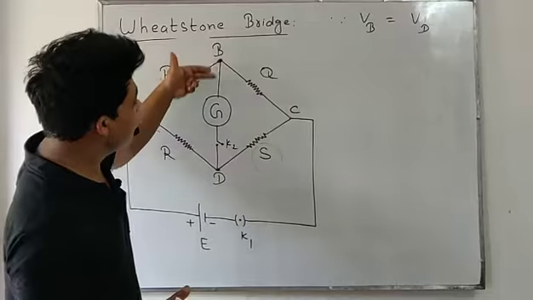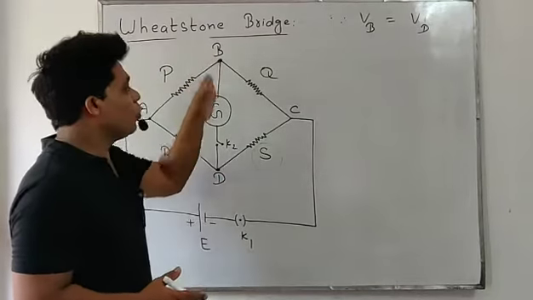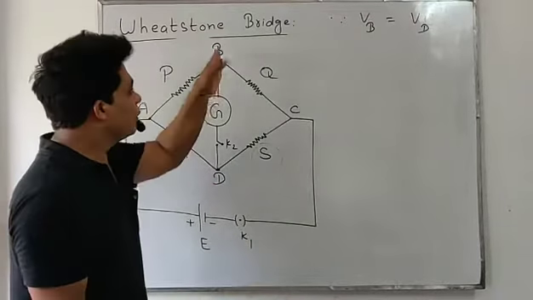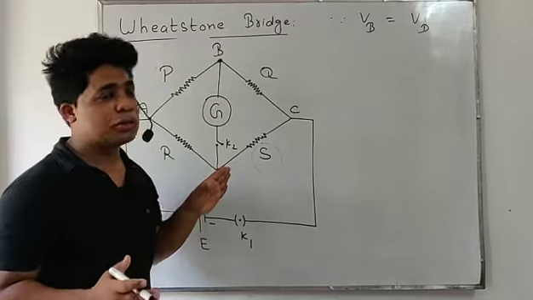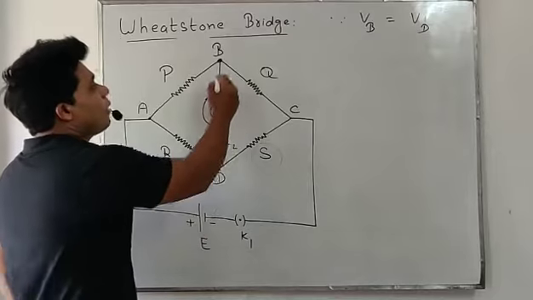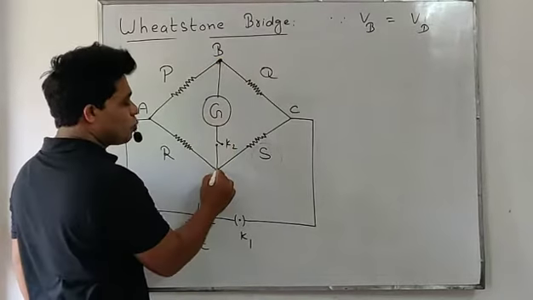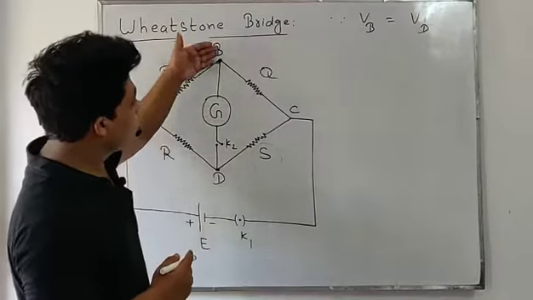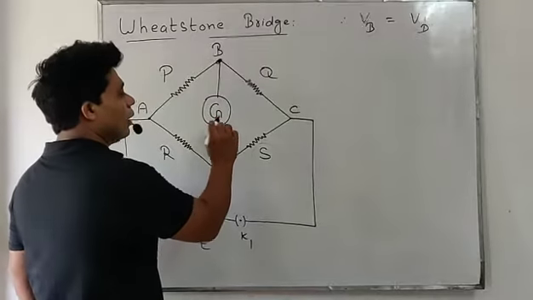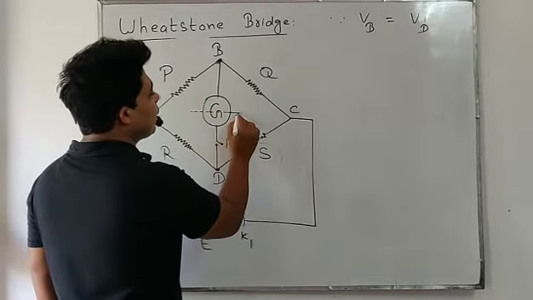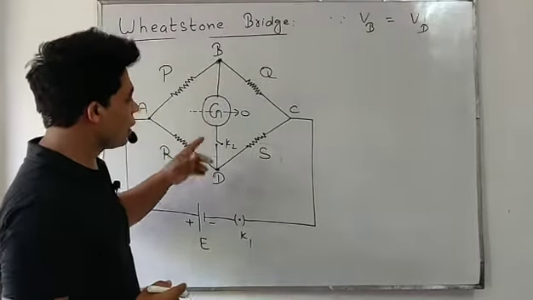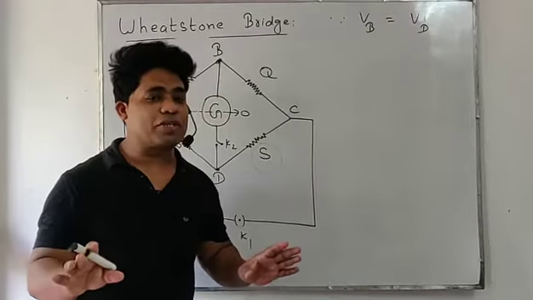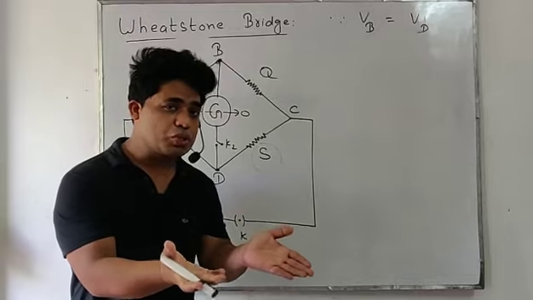When two points have the same potential, there will be no flow of current between these two points. In that condition the galvanometer shows zero deflection, because there is no current.